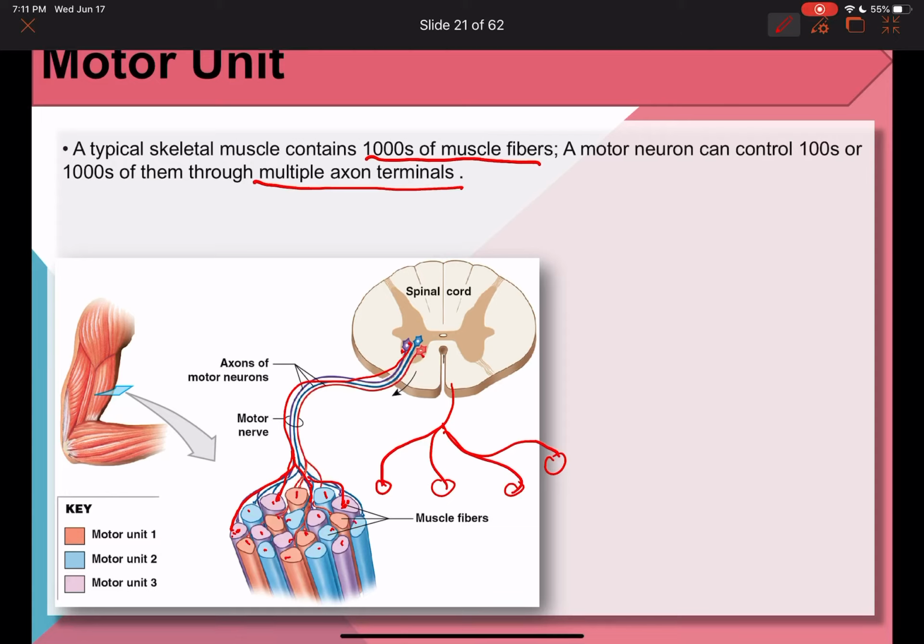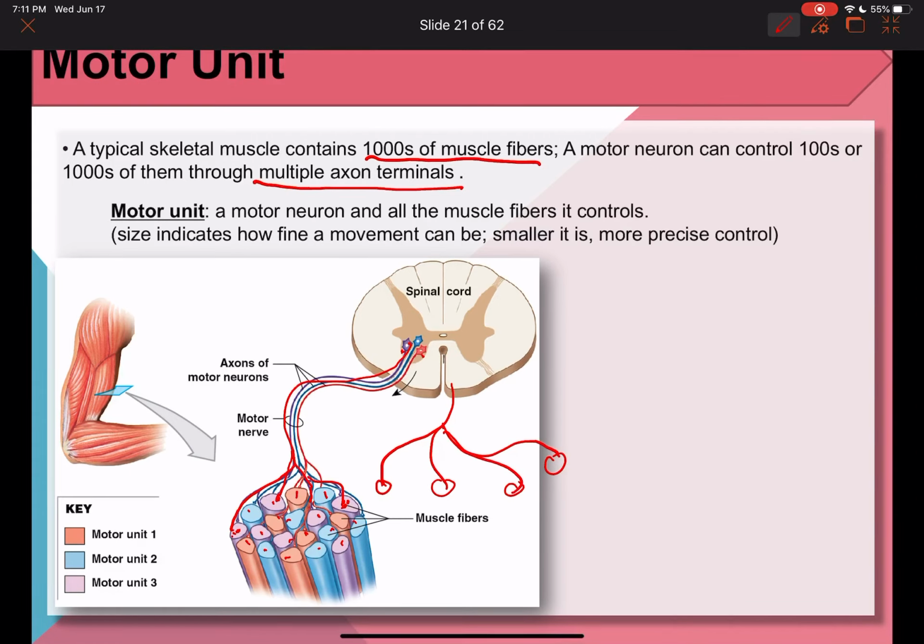And hence, one motor neuron along with the multiple muscle fibers that it innervates is known as a motor unit. Now, why this is the case: imagine we talked about how there are thousands of these muscle fibers within your muscle. If there was only one neuron for one muscle fiber, you would need thousands of motor neurons for those thousands of muscle fibers.